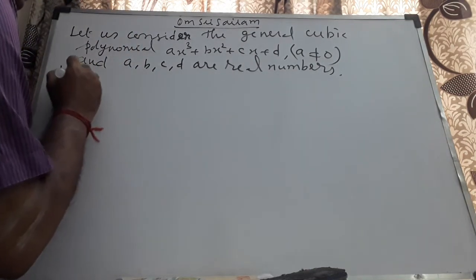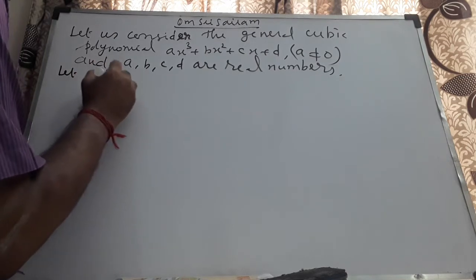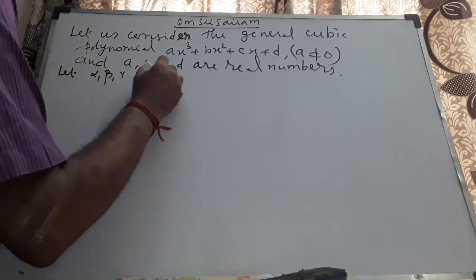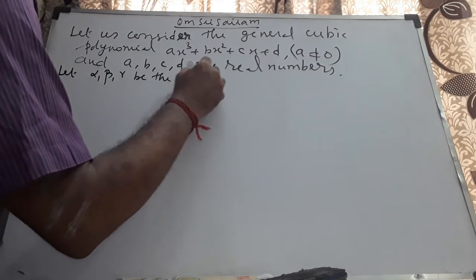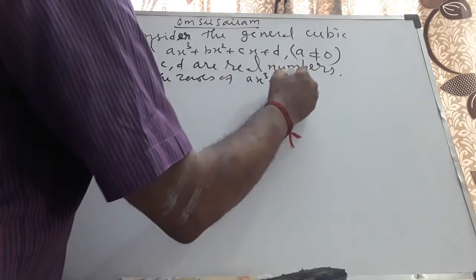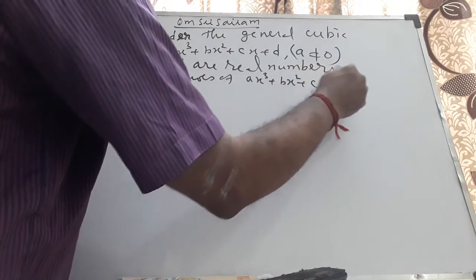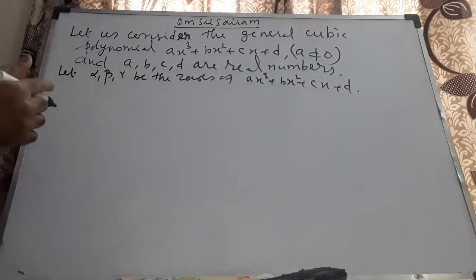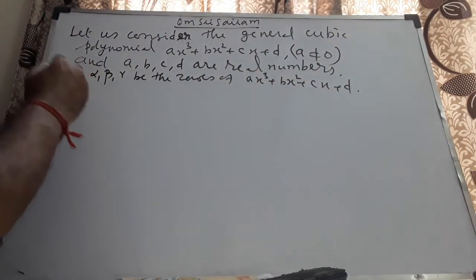Now let alpha, beta, gamma be the zeros of ax cube plus bx square plus cx plus d. Just listen carefully.